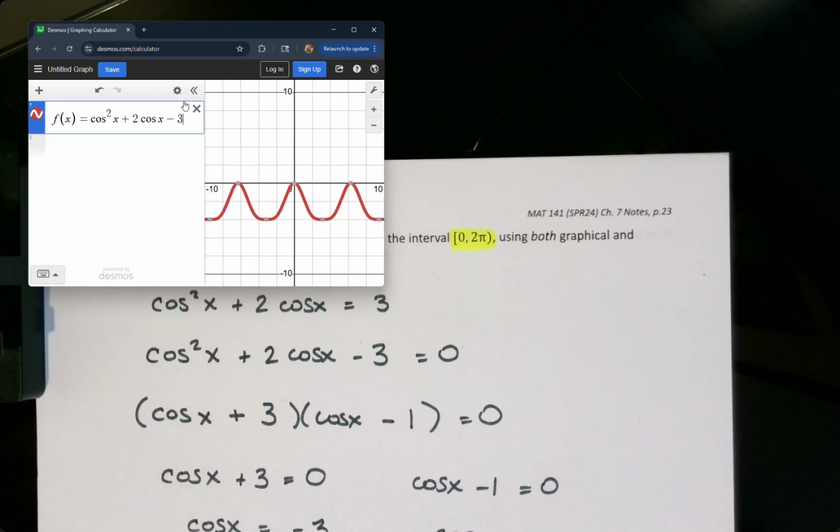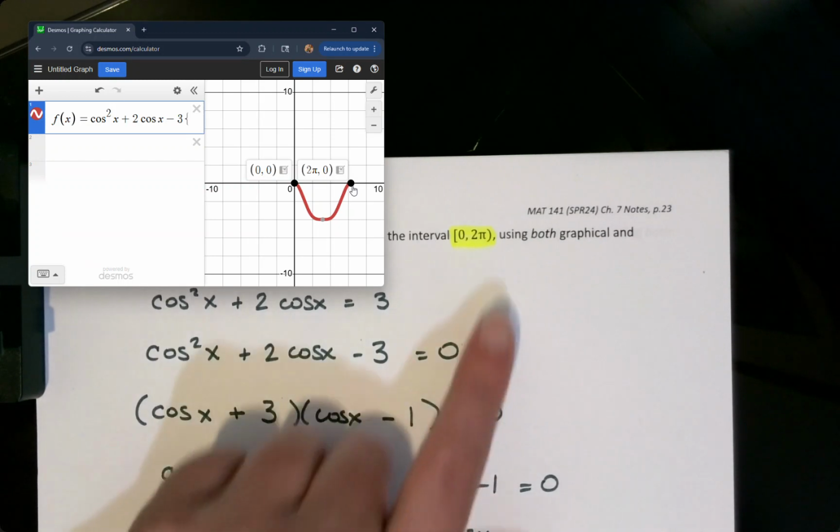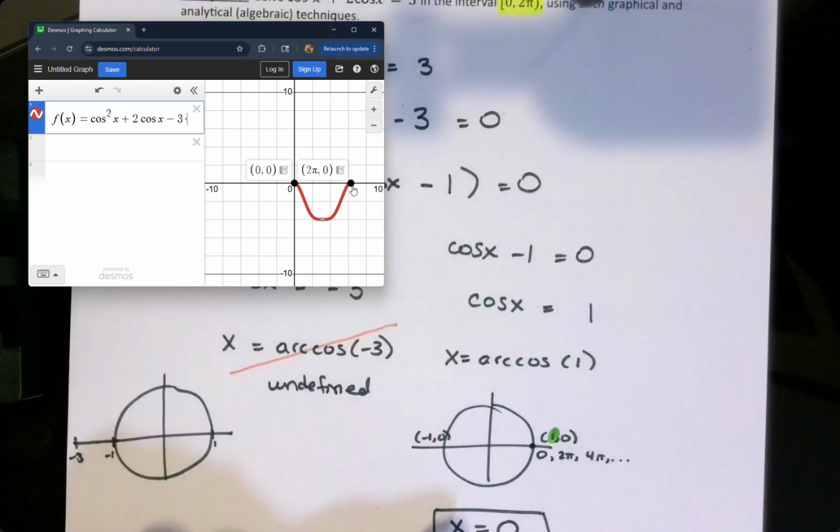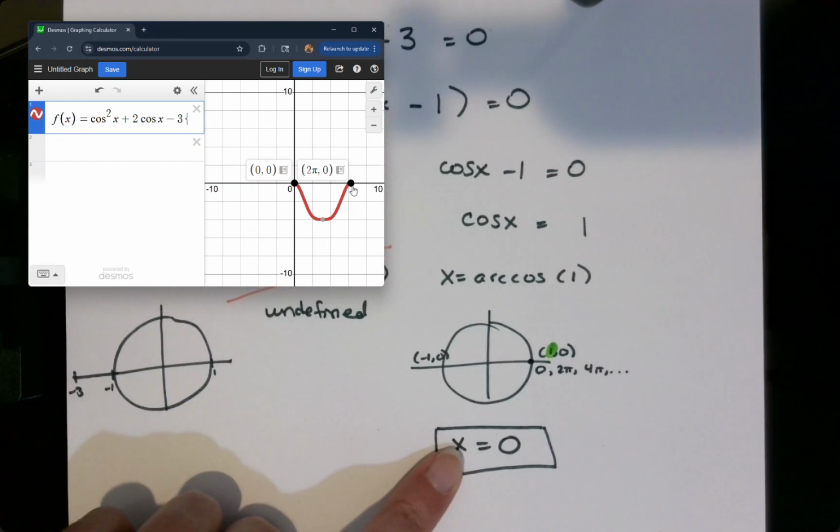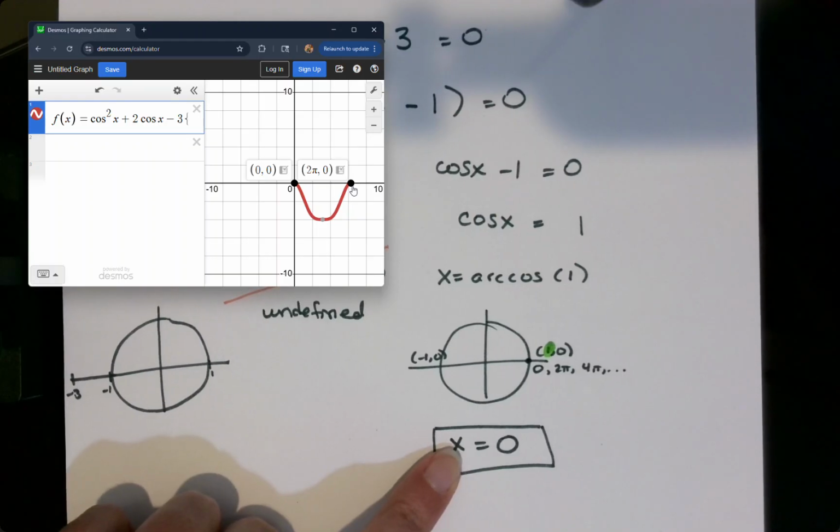And I actually only want to see this between 0 and 2 pi. And let's go ahead and look at our solutions here. We have a solution here at 0, and the next one is at 2 pi, but we're not looking at 2 pi as included in this interval. So the only solution we have listed where it is equal to 0 is x equals 0.